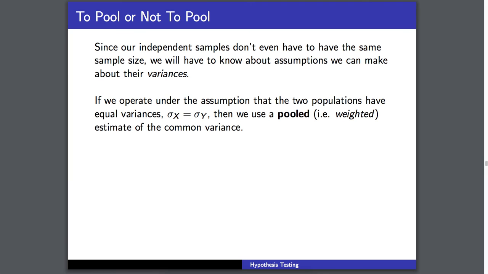If we operate under the assumption that the two populations have equal variances, sigma squared x and sigma squared y, I apologize for that, then we use what's known as a pooled or weighted estimate of the common variance.